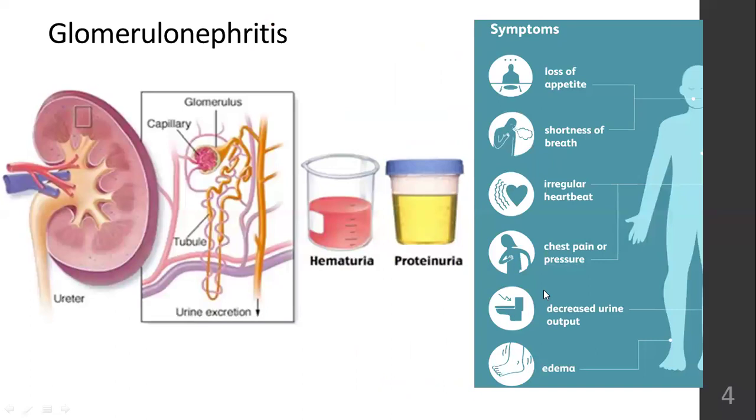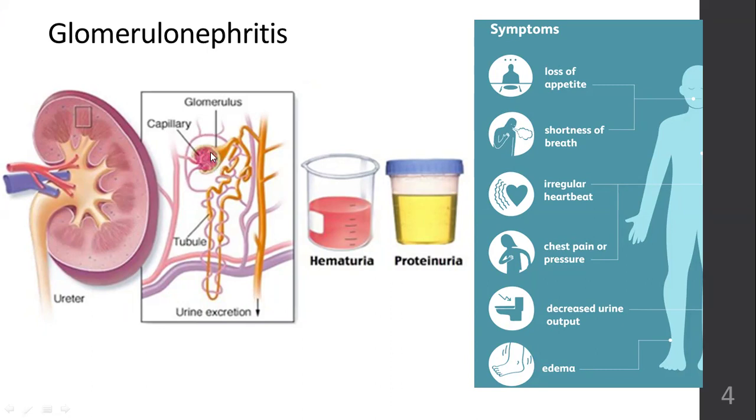Next, coming to the disease conditions. First is glomerulonephritis. Okay, again, it's an inflammation. But where is the inflammation taking place? At the cellular level. Okay, if you remember, glomerulus is a part of the nephron. Nephron is a cell in your kidney.